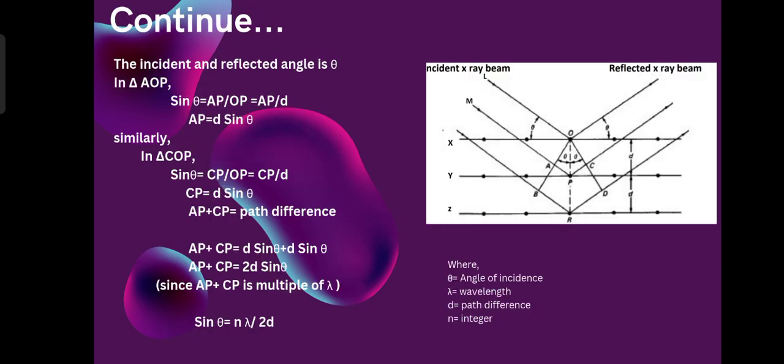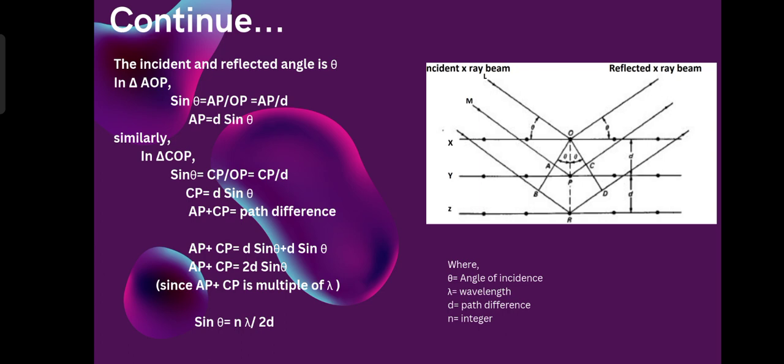So look at the picture, look at the diagram. Here this triangle represents a crystal, right? And the points you can see represent atoms. Now, it is divided into planes. We can see 3 planes, right?